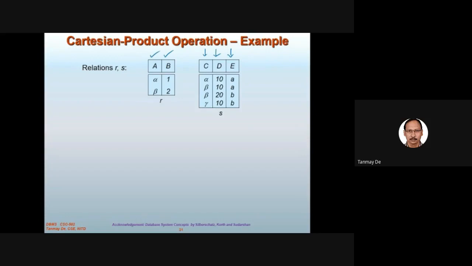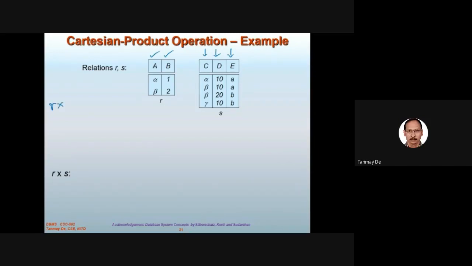Now, if we perform the Cartesian product R cross S, then what are the attributes for that? Please tell me, anyone from you? A, C, A, D, A, E?